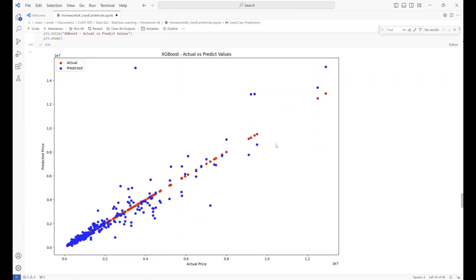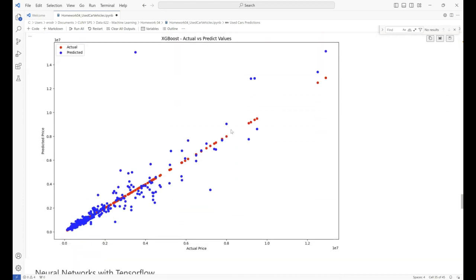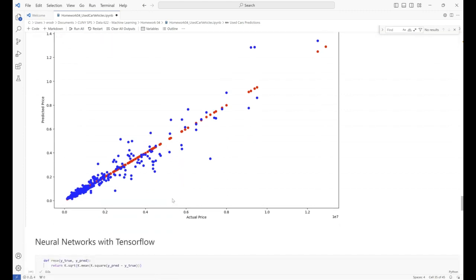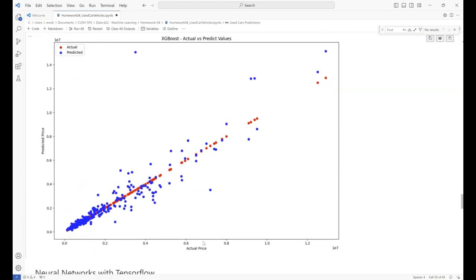And to more clearly demonstrate that, I did the second plot here where on my x-axis I did the actual price, and then I compared it against the predicted price. The red diagonal line is the actual price, so that gives you what the value should be.